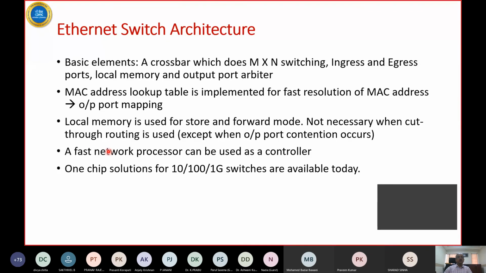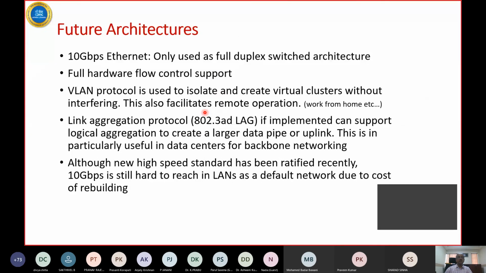In the case of a switch, it's nothing but a crossbar. What is a crossbar? Like a telephone switch, it makes connections, and so does Ethernet. Let's say you have a switch with 8 ports and there are 8 devices connected. Then it will allow any device to talk to any other device. So it's like making connections. I will again not get into the details of this.